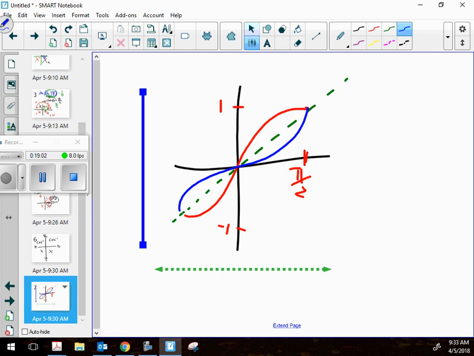So what was on the x now becomes the y, and what was on the y-axis now is on the x-axis. Whoa. X became y, y became x. The new graph is the blue one. It's not the red one anymore.